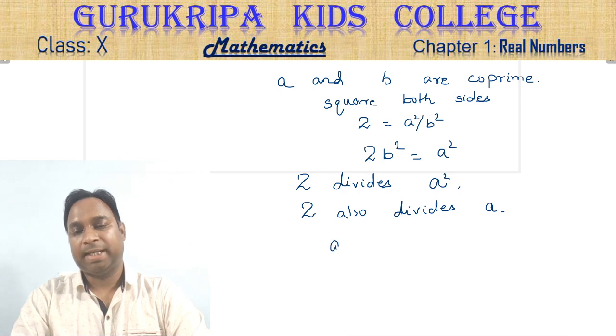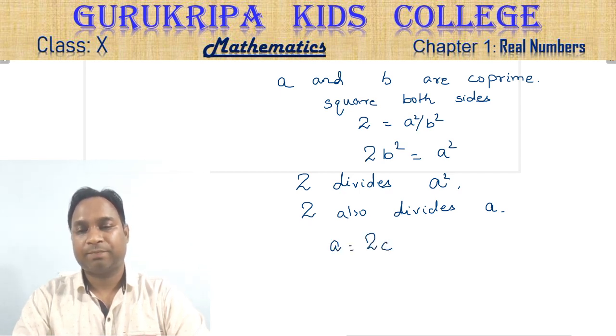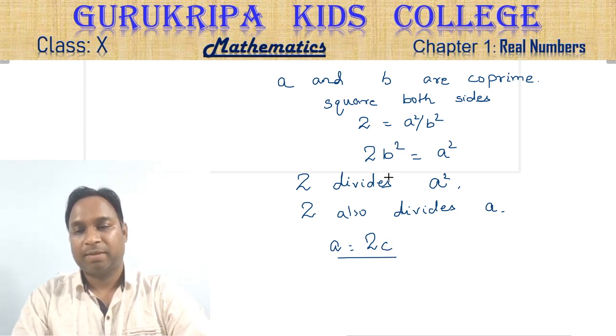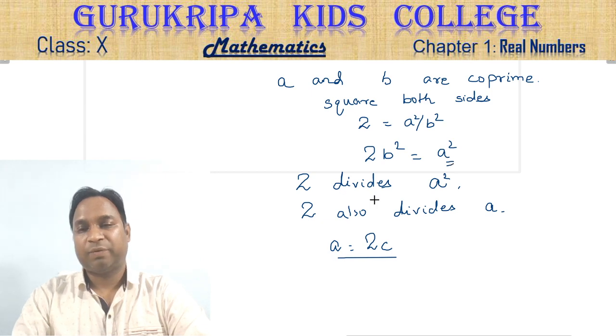So we can write a is equal to 2 times c. Substitute for a in this equation. What do we get?